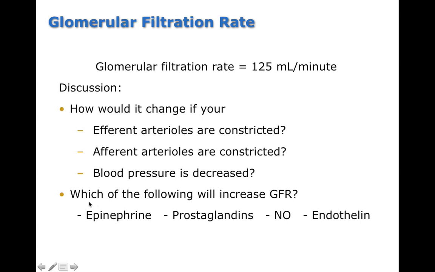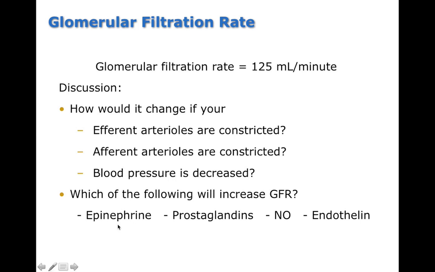So this next question also says, which of the following would increase glomerular filtration rate, or GFR? Epinephrine, prostaglandins, nitric oxide, or endothelin? Well, we know that substances that would increase your blood pressure should increase GFR, right? So we know that epinephrine is a pretty potent vasoconstrictor.